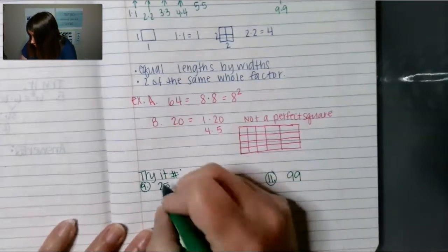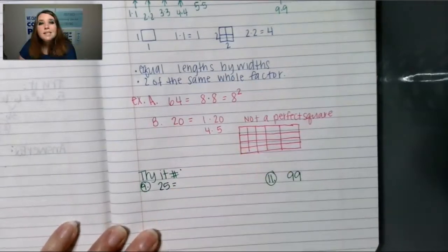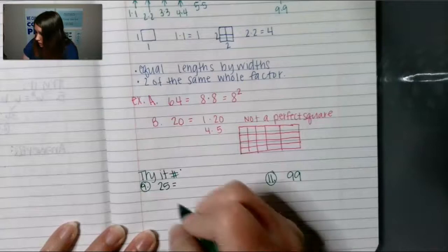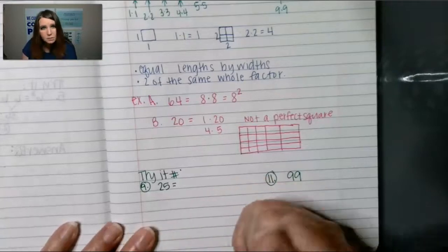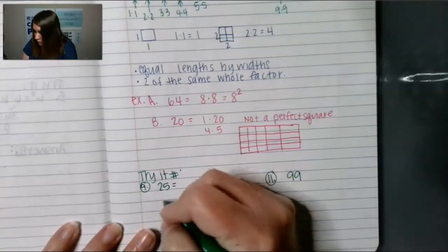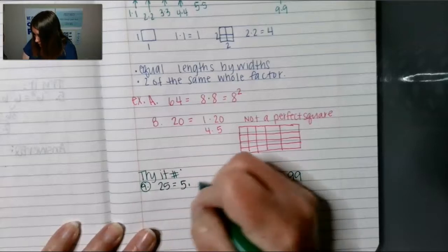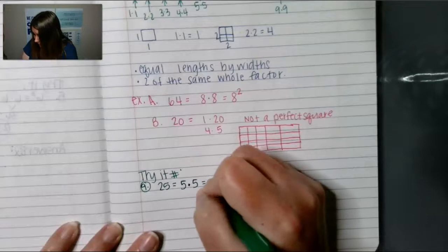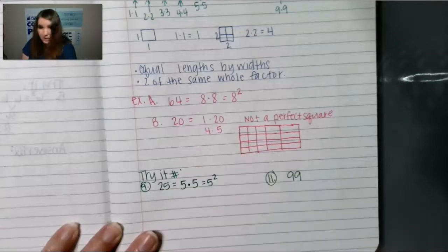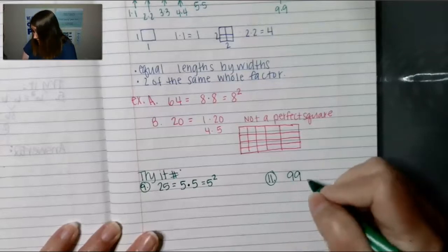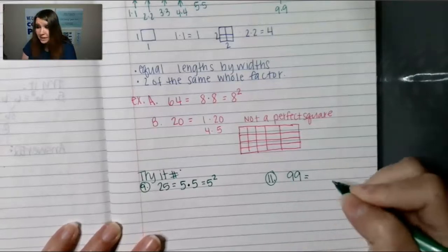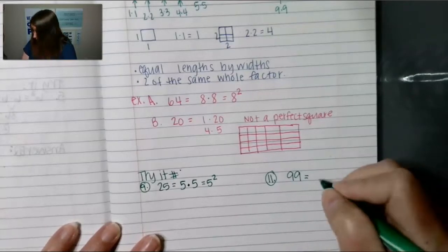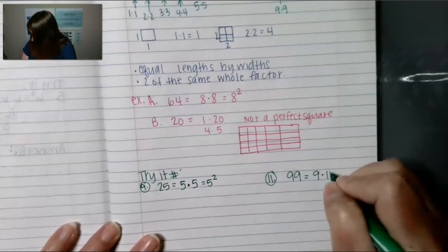Okay, so 25, yes, it is a perfect square. My goodness, Miss Englander cannot talk today. It is a perfect square because we go 5 by 5, or 5 times 5, and that gives us 5 squared. That's how we get to 25. 99, well, 99 I know is 9 by 11.